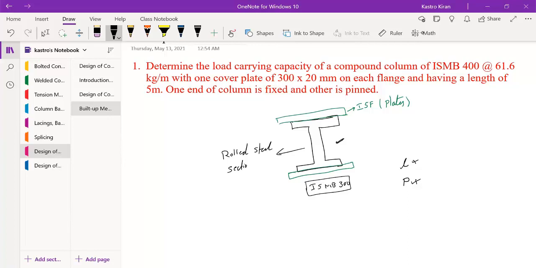If you have a combination of two or more different sections, then those are called built-up sections.